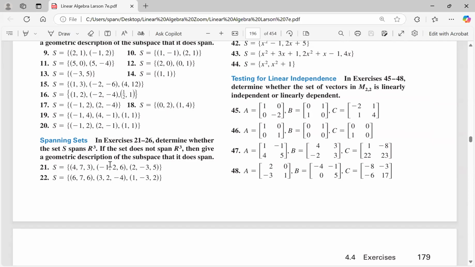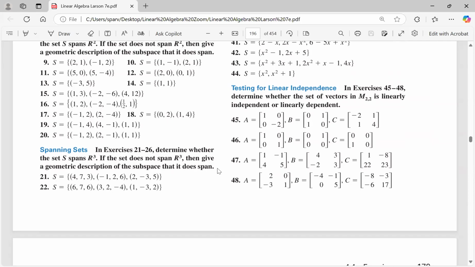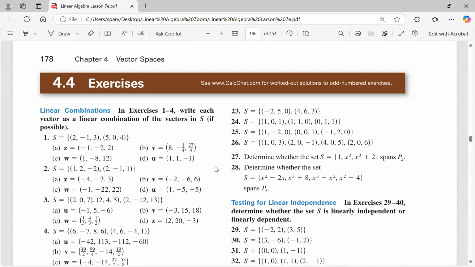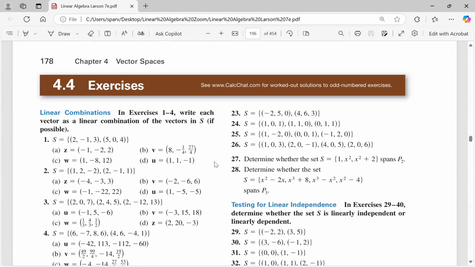Okay, a description of the subspace that it does span. So let's take a look at number 24. In number 24, the set S is given by (1, 0, 1), (1, 1, 0), and (0, 1, 1). Okay. Let me change to my document.